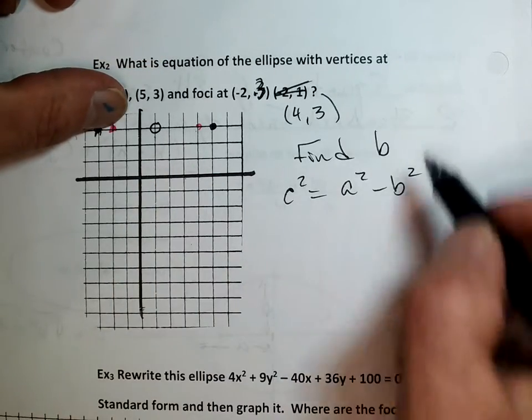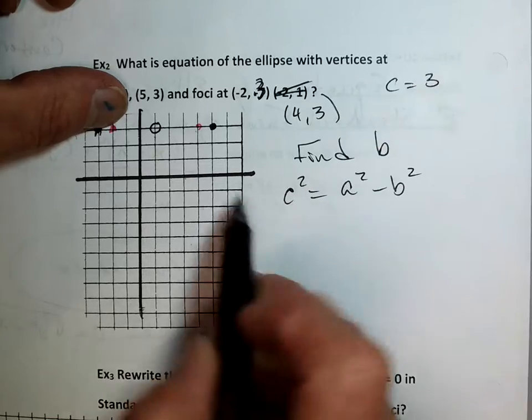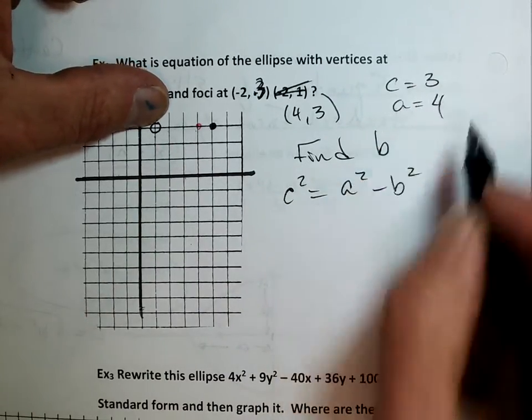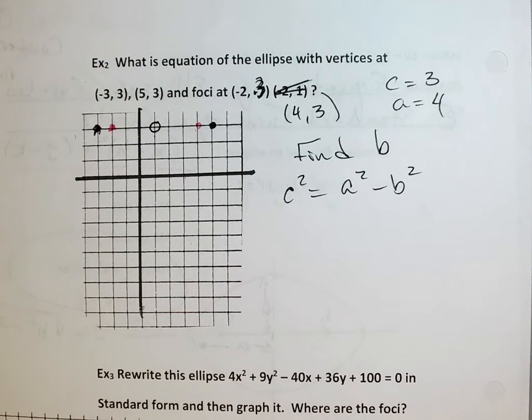So I know c is equal to 3. And 1, 2, 3, 4. a is equal to 4. I just counted them. If this is my center, this distance to the focus is 3, and this distance is my a, which is 4. Then I'm just going to plug that in to get the value of b.